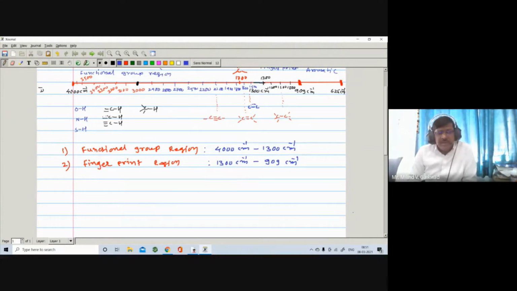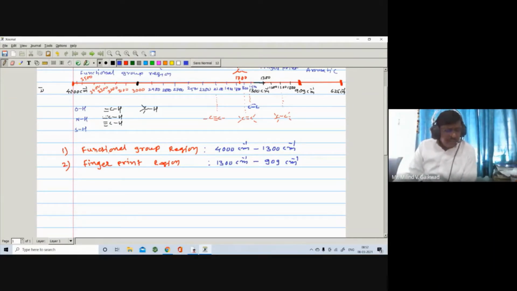The instrument has a library of the spectra of compounds. Suppose you take a new compound and record its spectrum, and if it is the same as in the library, meaning in the instrument, then you may say the compound is the same. So it is useful for sample comparison.